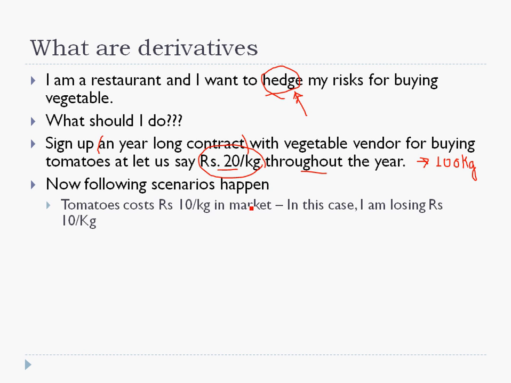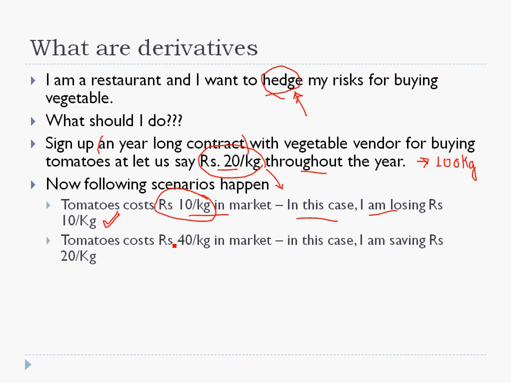Tomatoes cost 10 rupees in the market. In this case I am losing rupees 10 per kg, right? So this is one case which would happen. Tomatoes are selling at rupees 10 per kg, but I have already done a contract that I would buy them at 20 rupees per kg, and hence I am losing rupees 10 per kg.